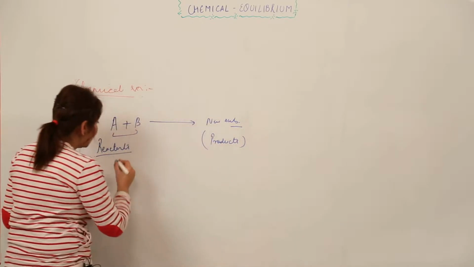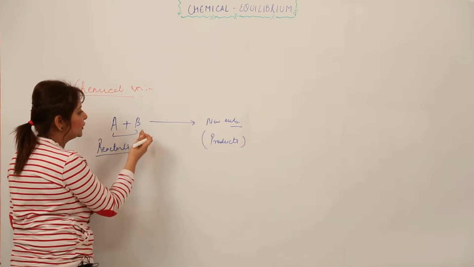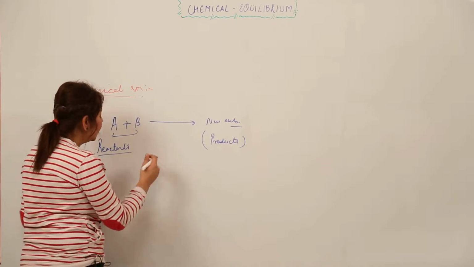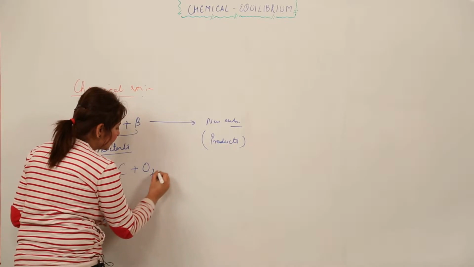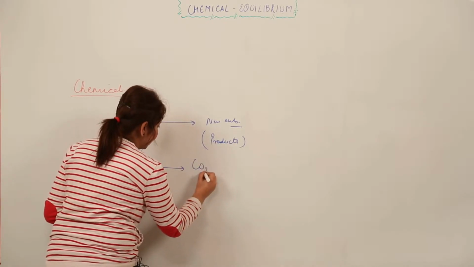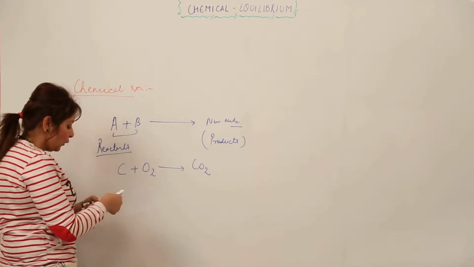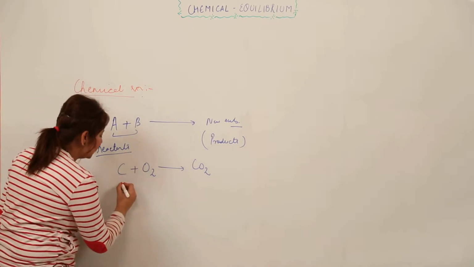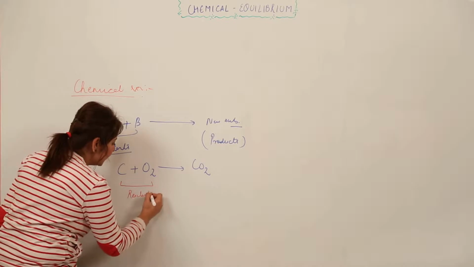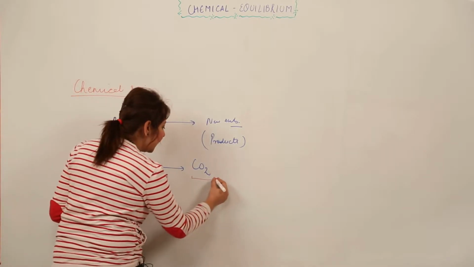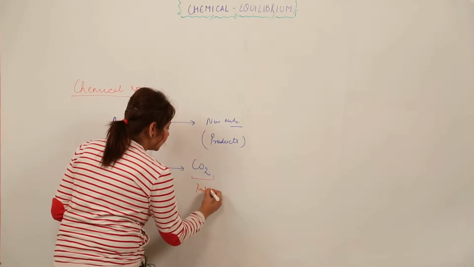For example, earlier I took a general equation example with A and B. Now suppose carbon mixed with oxygen gas gives rise to carbon dioxide. In this case, what are the reactants? Obviously these are initially mixed, so they are regarded as reactants. And the new one that is formed is carbon dioxide, so it is the product.